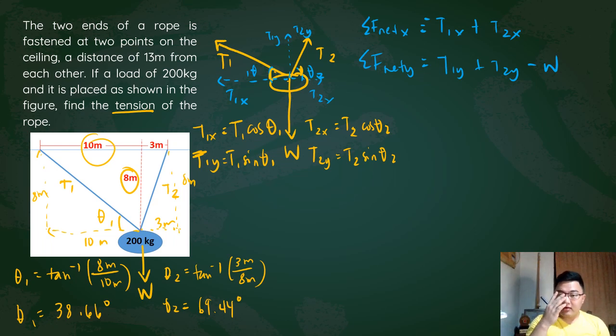So we now have the values of our angles. We now also have an expression for the net forces. Remember, since this is in static equilibrium, the total forces along x and the total forces along y will be 0. So these are all zeros. Then, what's next?